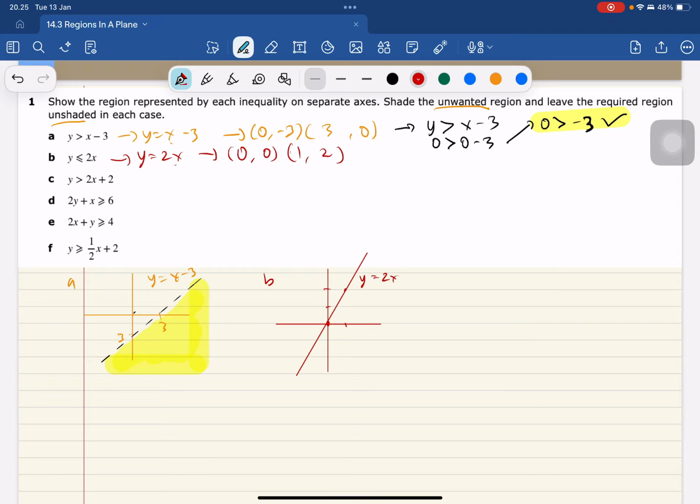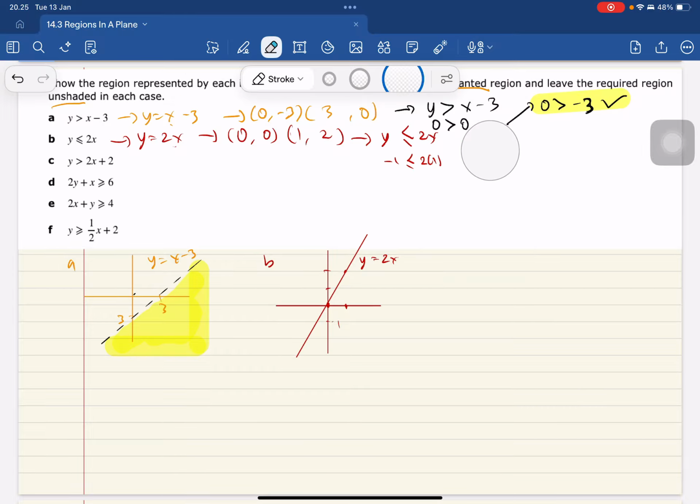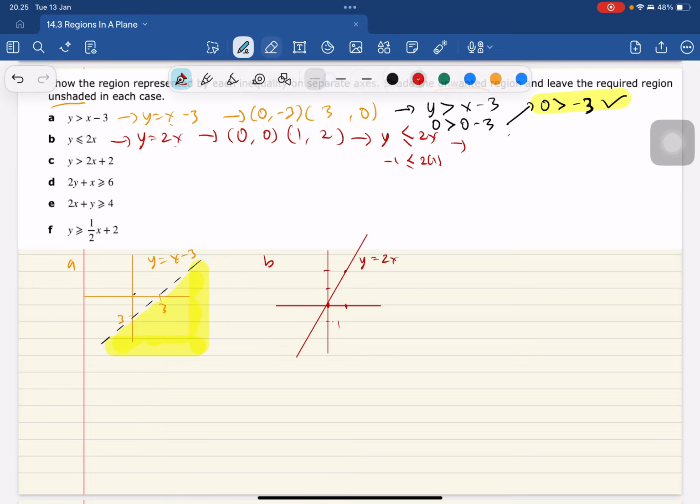Let us find the unwanted region. For y less than or equal to 2x, I would like to pick x equal to 1 and y equal to minus 1. Minus 1 less than or equal to 2 times 1, so minus 1 less than or equal to 2, which is a correct statement.